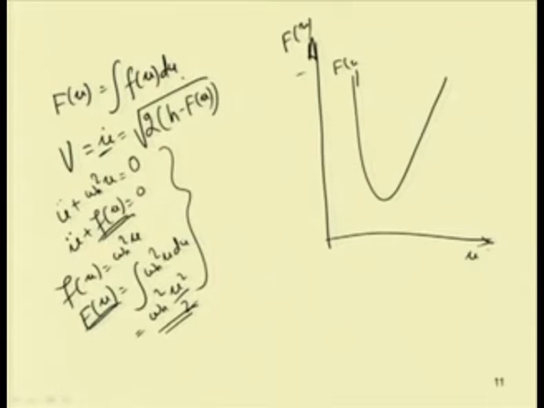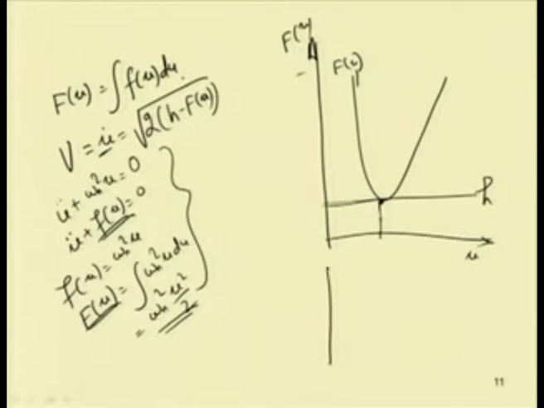So, let us take the minimum point in this potential curve. Let us take h, and let it correspond to this line, corresponding to the total energy. So, at this point h equal to F u, and in that case v will be equal to 0.